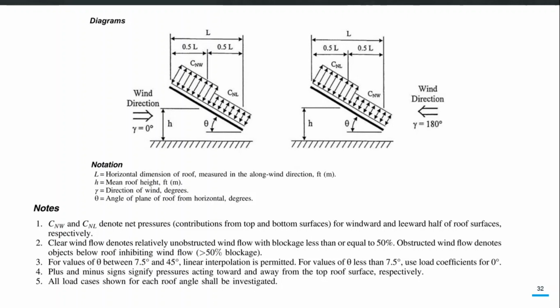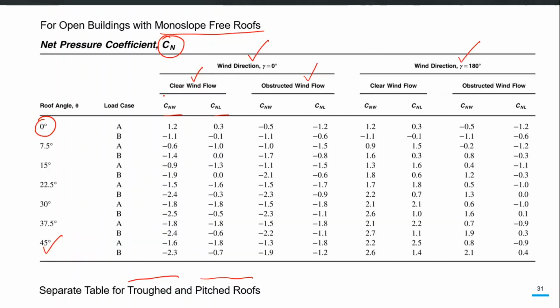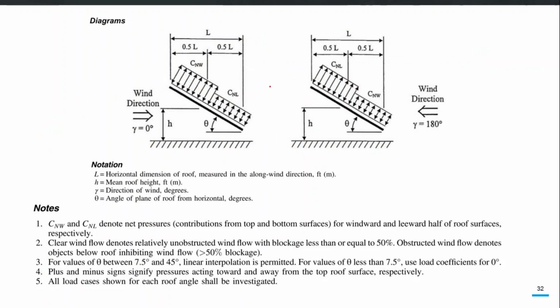So the notations which are used in this particular table, for example, CNW, CNL, roof angle theta or wind angle gamma, all are explained in this figure, right? So they are self-explanatory. For example, roof angle is clear, wind direction is clear, 0 means this side, 180 means the opposite side. Similarly, these pressure distribution coefficients are given.